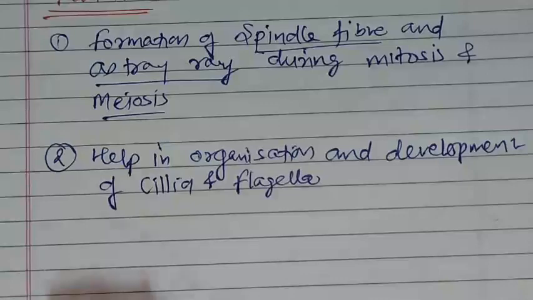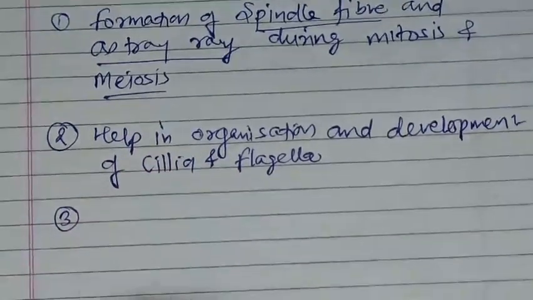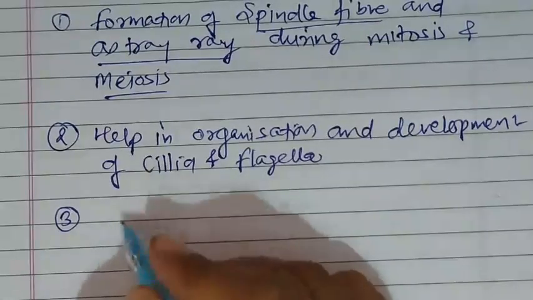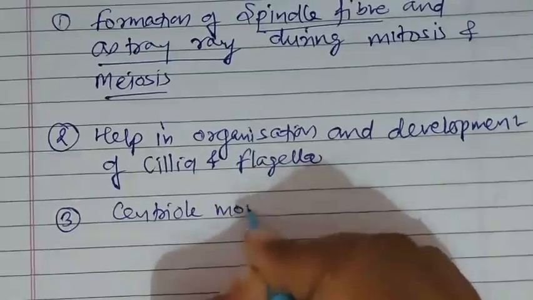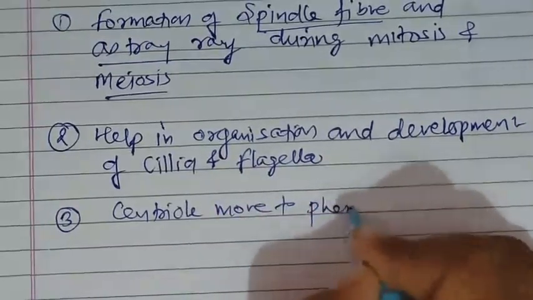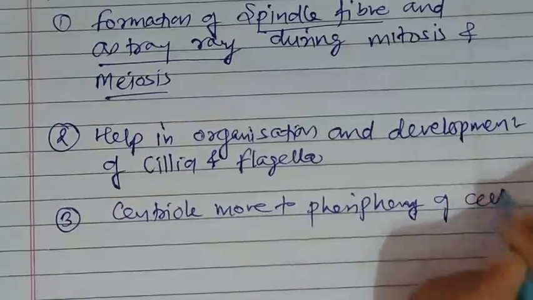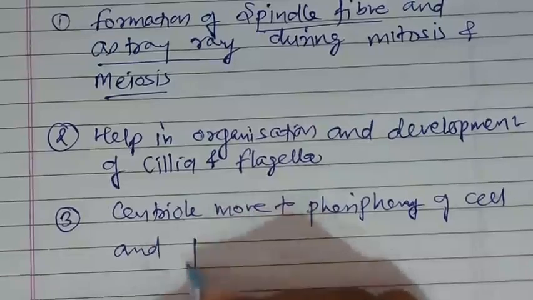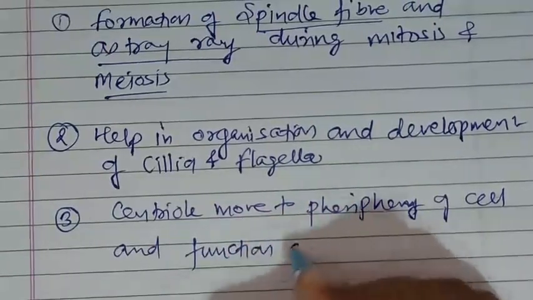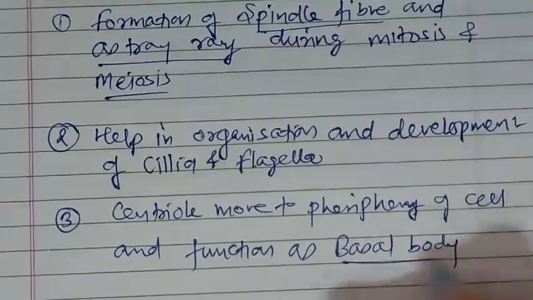Then the third function is that centriole moves to the periphery of the cell and functions as the basal body of cilia and flagella.